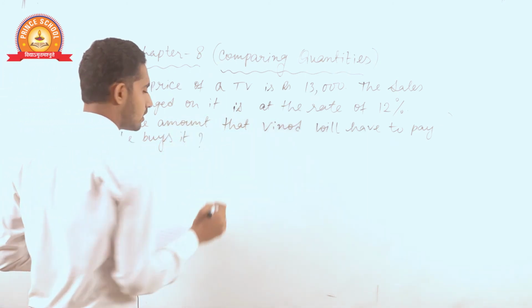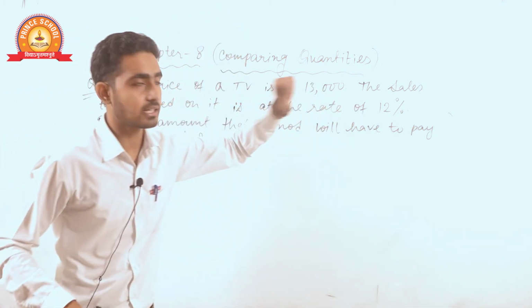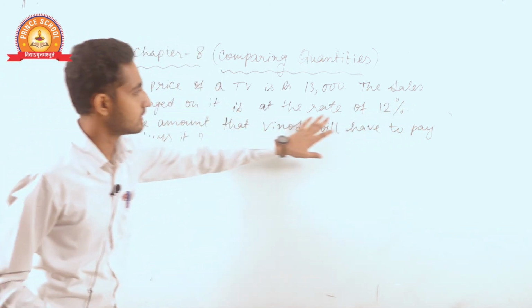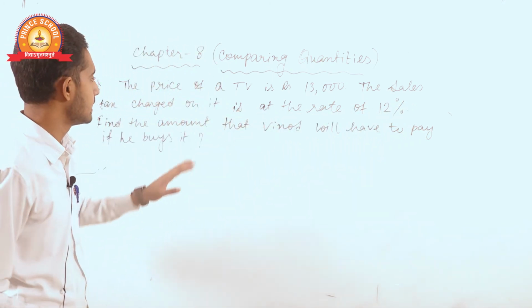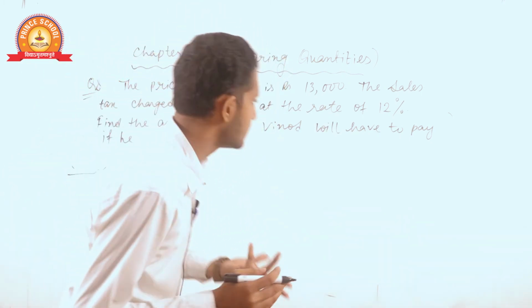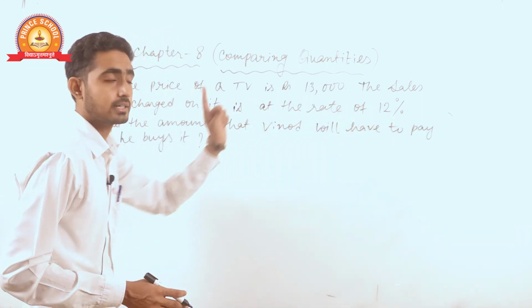That is a very easy question, simple question, I think all of you understand. The price of the TV is given as 13,000, got it? The sales tax is given as 12%, okay? So how many rupees will he have to pay to buy that TV? So we have to find out what is 12% of 13,000.